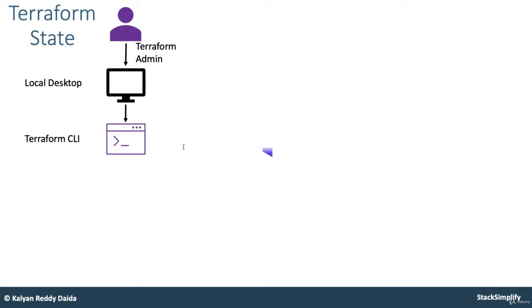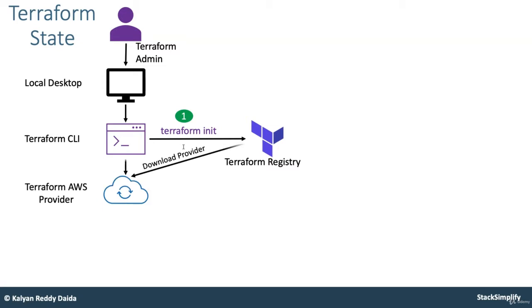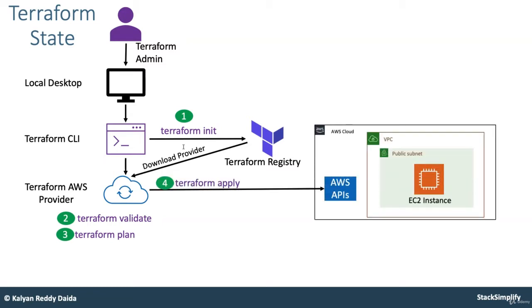Then I will start the terraform init command, which will download the provider, and then we will do terraform validate, terraform plan, terraform fmt, and then move on to the next step, terraform apply. When you do terraform apply for the first time, it is going to create a Terraform state file and also the Terraform provisioned resources.